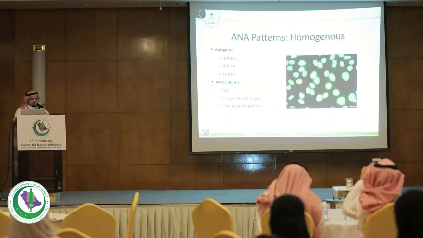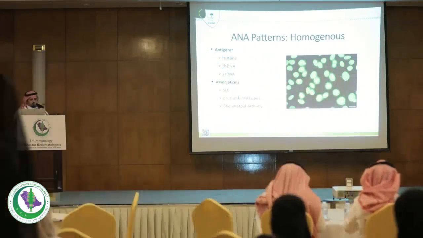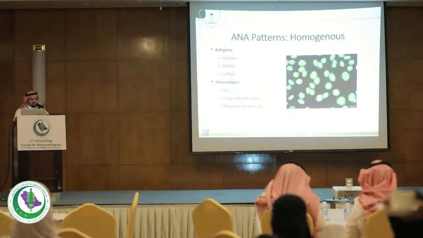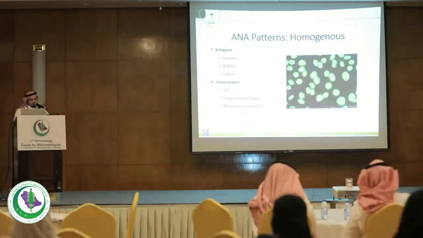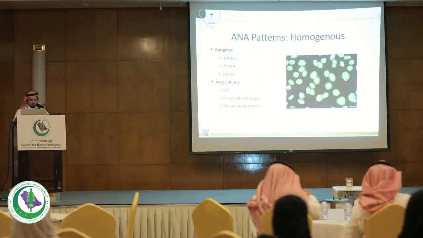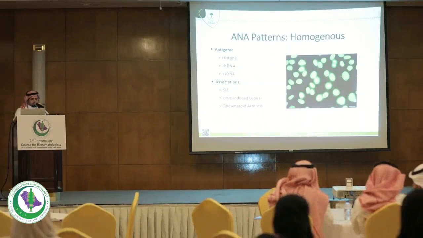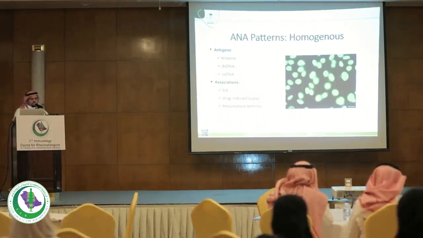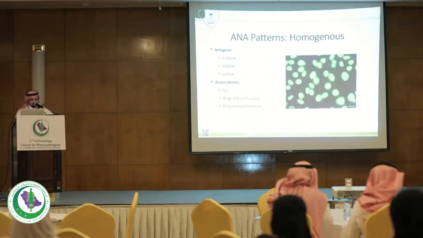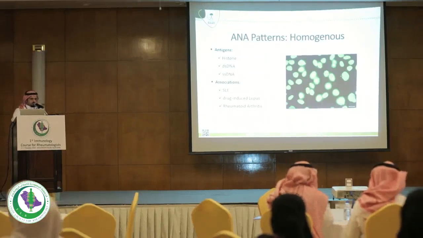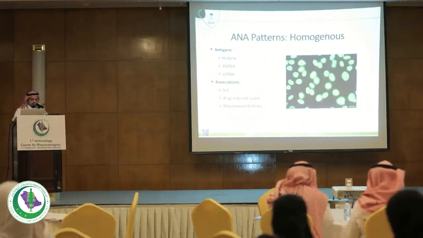Usually the antigens related to this pattern are histone, double-strand, and single-strand DNA. The associations that can be linked to this pattern are SLE or drug-induced lupus and also rheumatoid arthritis. But as we said, it is an association, so not all these diseases will be linked to this type of pattern.